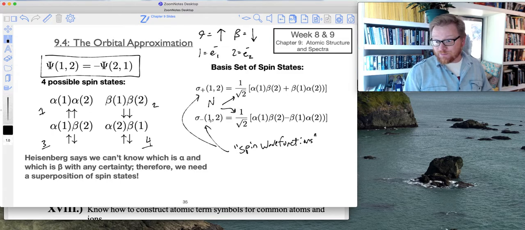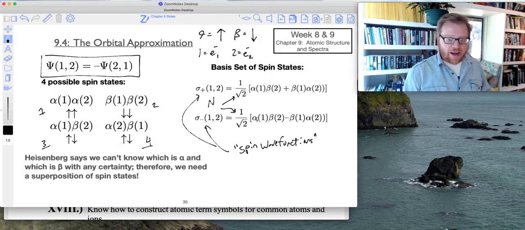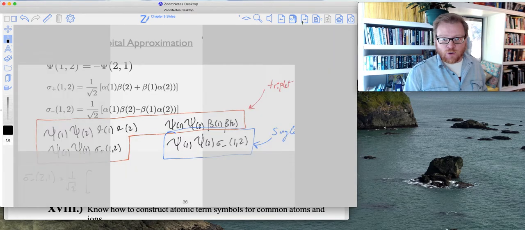So what happens when we switch those positions? Well, when we switch those positions, I get the following: 1 over root 2 of, and so now follow me here, this is going to become now alpha 2, beta 1, and this one's going to become minus beta 2, alpha 1.